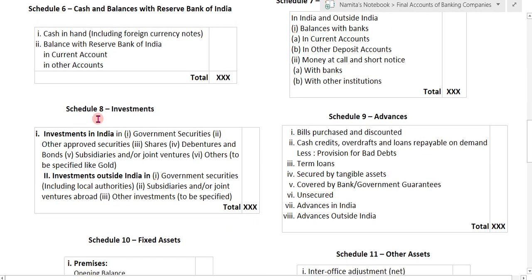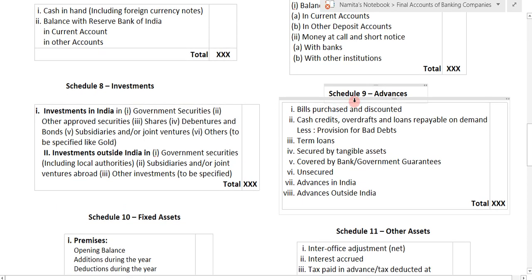Next is schedule number 8, investment. Investments in India, whether the bank has invested the money in government securities, shares, debentures, or outside India, are to be recorded in schedule number 8.